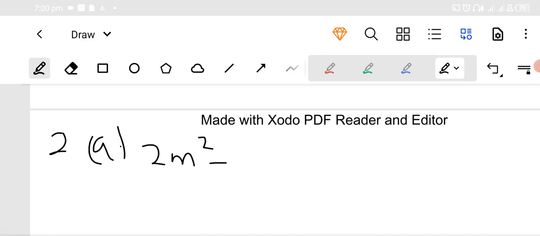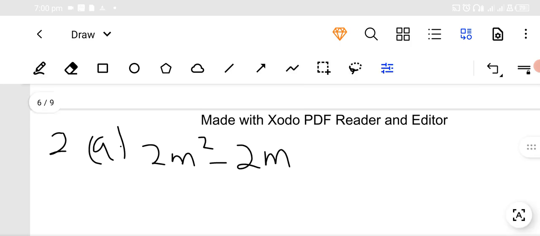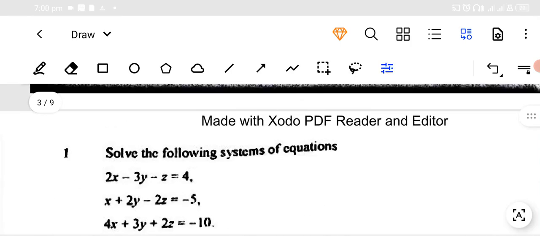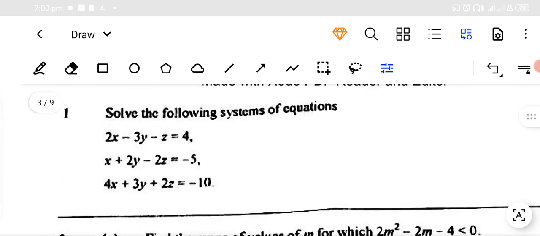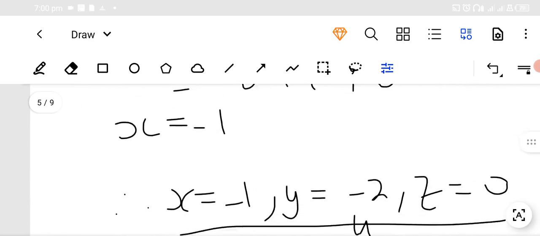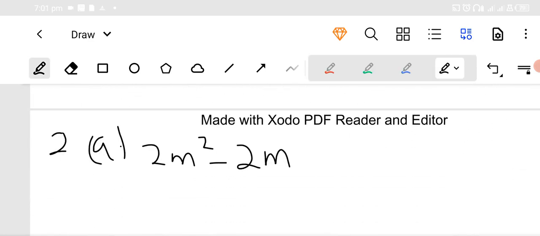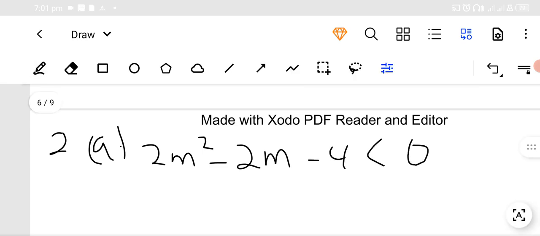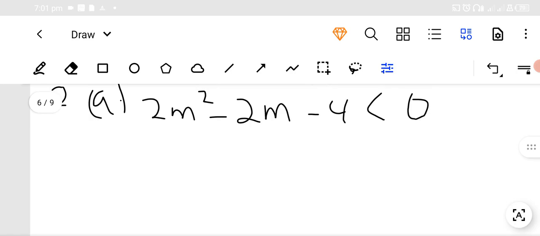2m squared minus 2m, I believe. Just try to confirm. 2m squared minus 2m minus 4 less than 0. So you need to find the critical values, critical points.